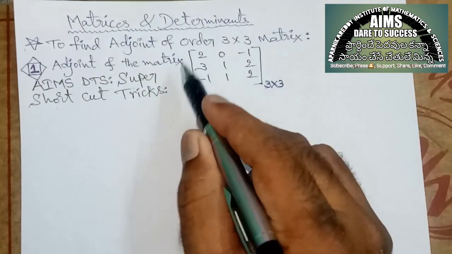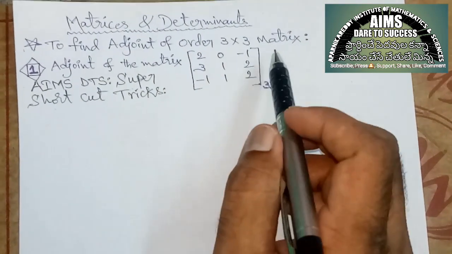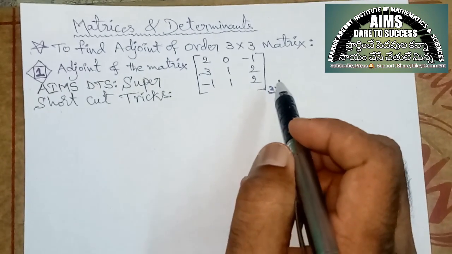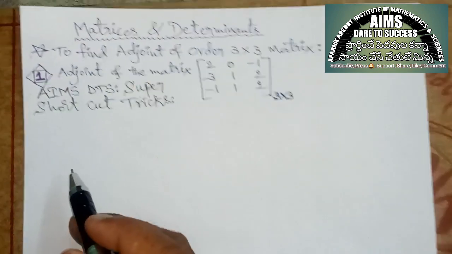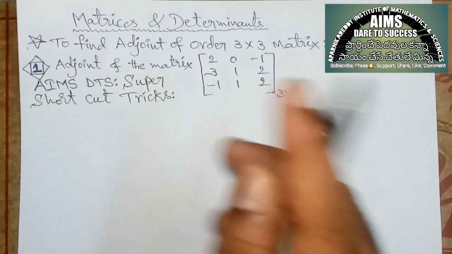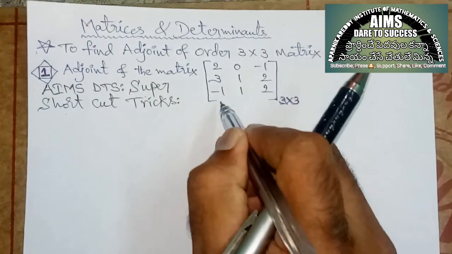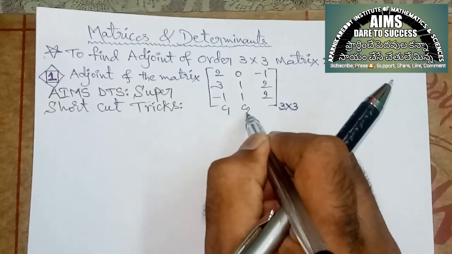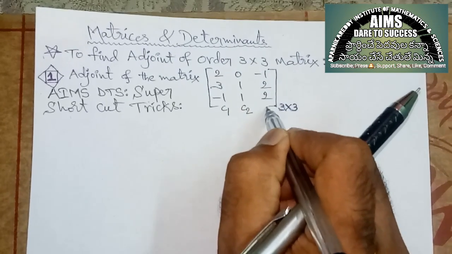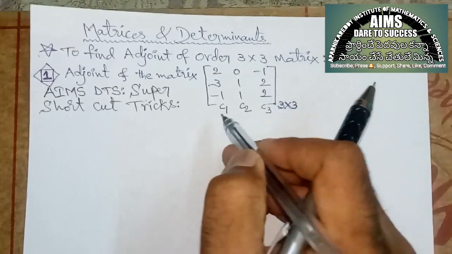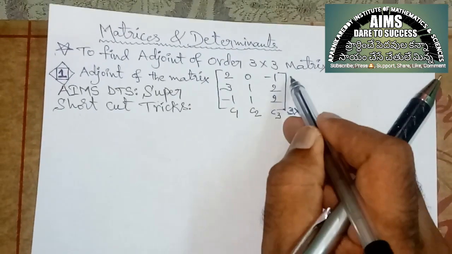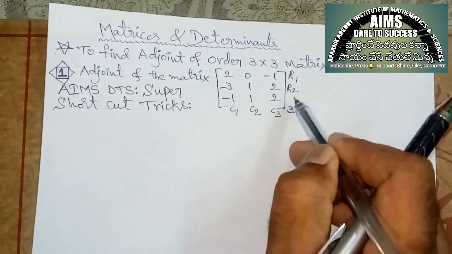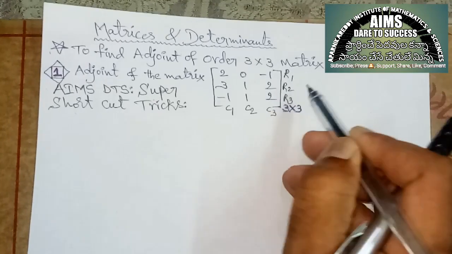So the given matrix is 2 0 minus 1, 3 1 2, minus 1 1 2. Same values you can write. This is column 1, next column 2, and the last one is column 3. Coming to row wise, row 1, second is row 2, third is row 3.